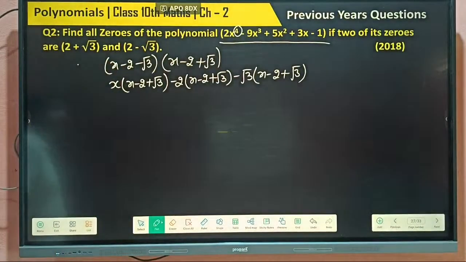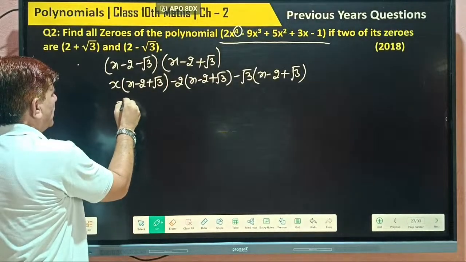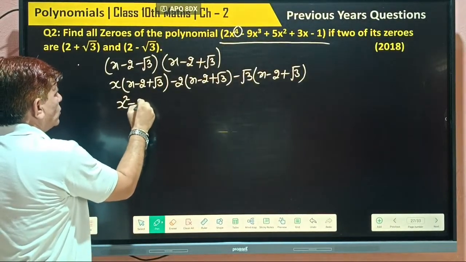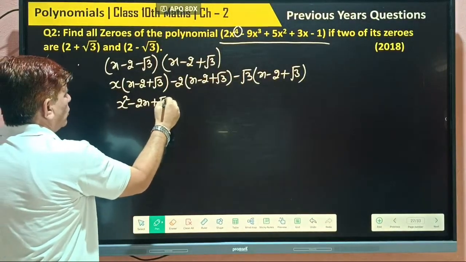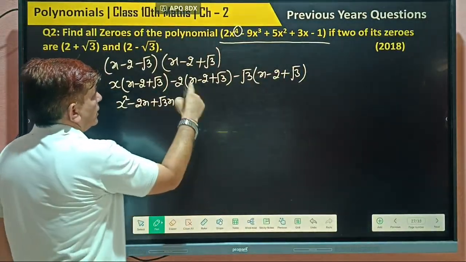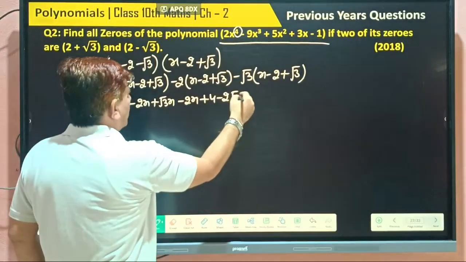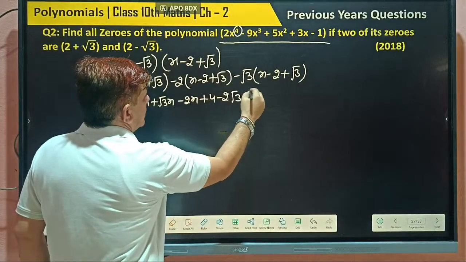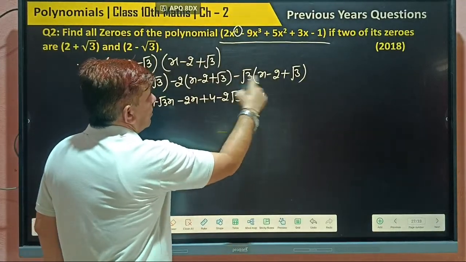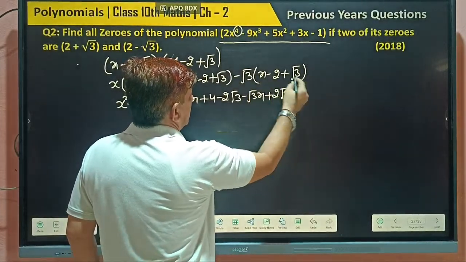This calculation is this: multiplication gives x square minus 2x plus root 3x minus 2x plus 4 minus 2 root 3 minus root 3x plus 2 root 3 minus 3.